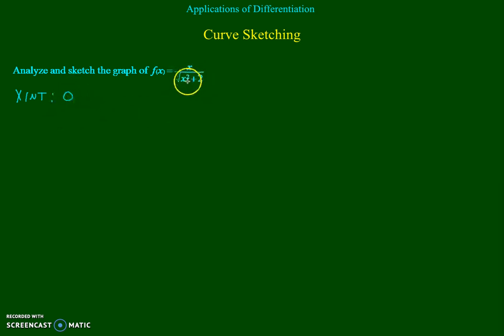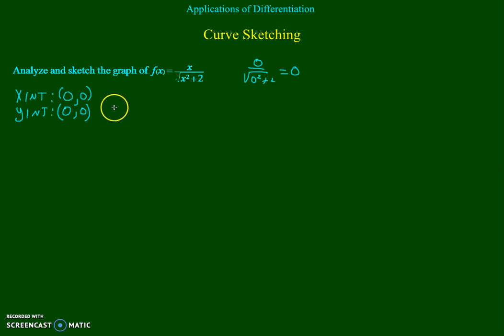The y-intercept is going to occur at 0 over the square root of 0 squared plus 2, which is 0 over 2, which is just 0. So our y-intercept is 0 as well. So both our x and y intercepts are at (0, 0).